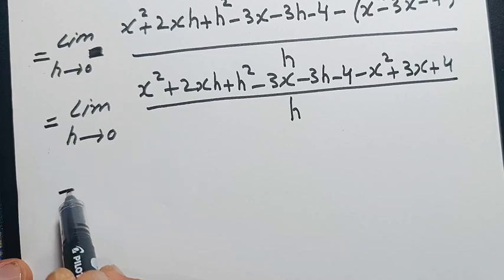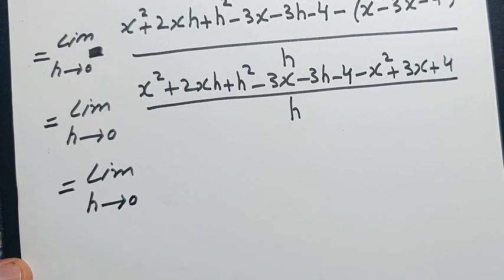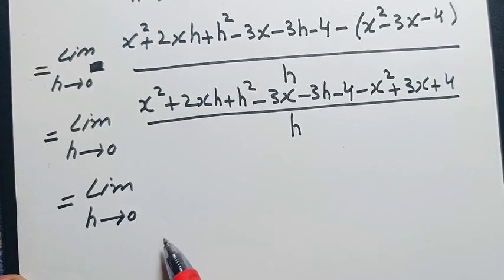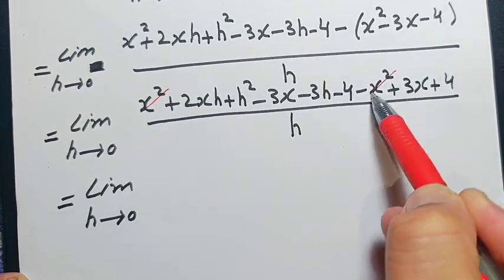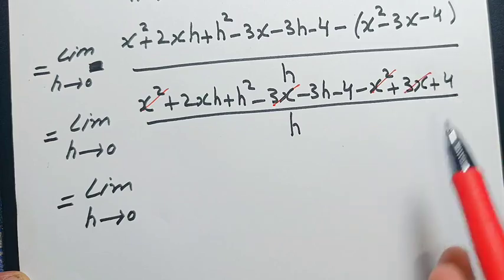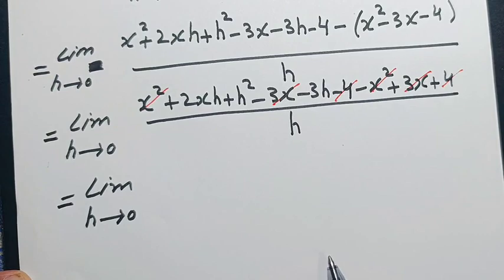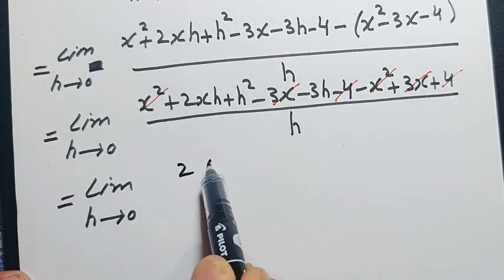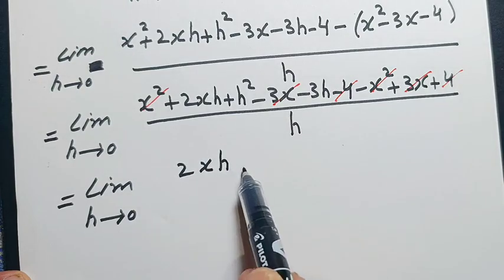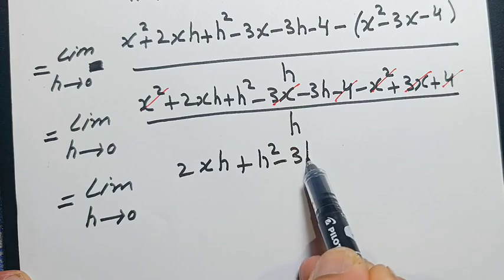Now again limit h approaches 0. Now I'm going to simplify this one. Positive x square and negative x square cancel, and negative 3x and positive 3x cancel, and the positive 4 and negative 4 cancel out, and nothing else. So we are left with 2xh plus h square minus 3h.